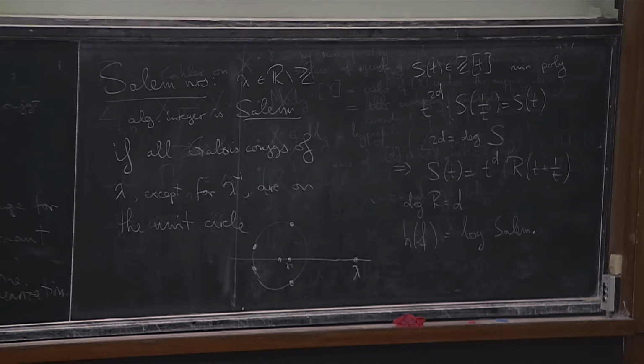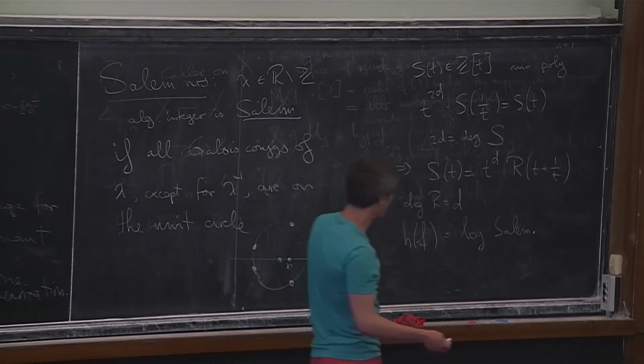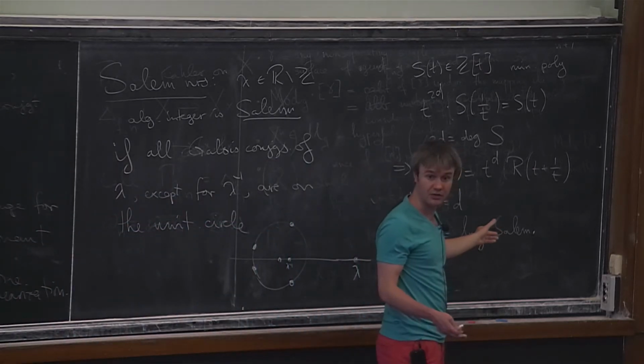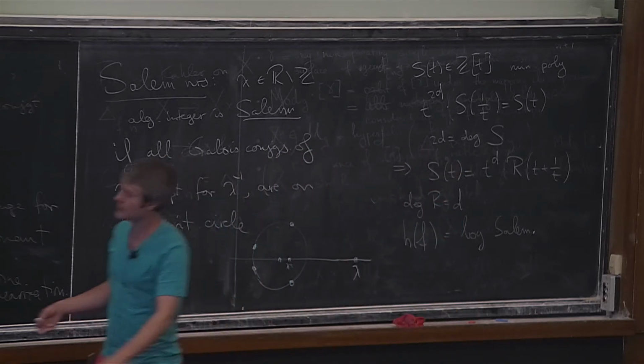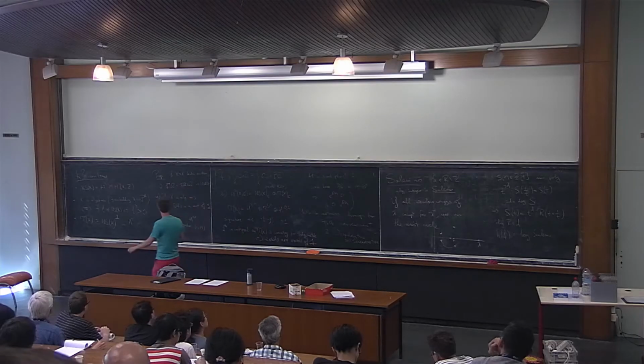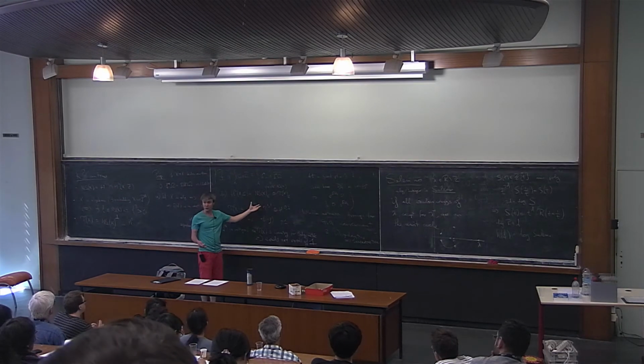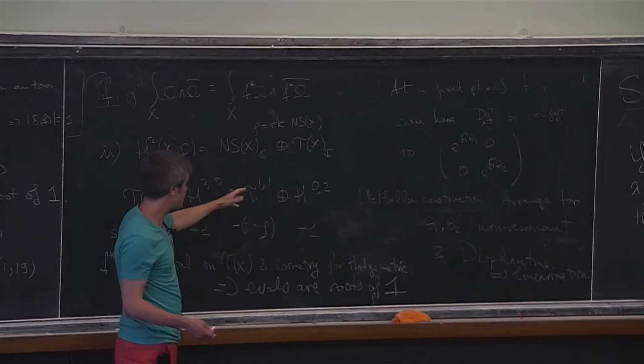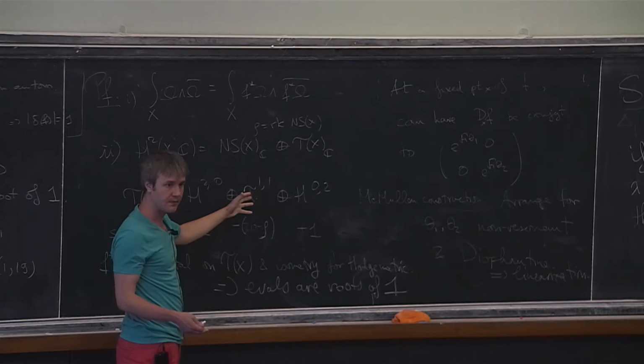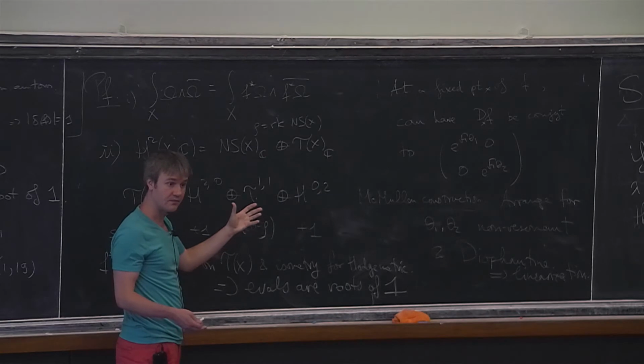Can you say again how you get this Salem number, why is it log of a Salem number? Well, essentially because of the structure of the second cohomology. The signature on H11 is 1, 19.